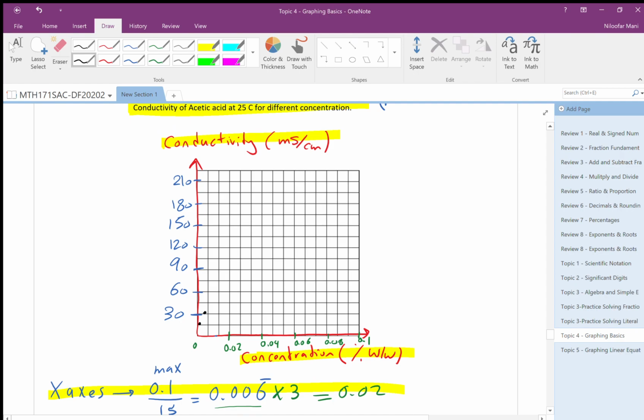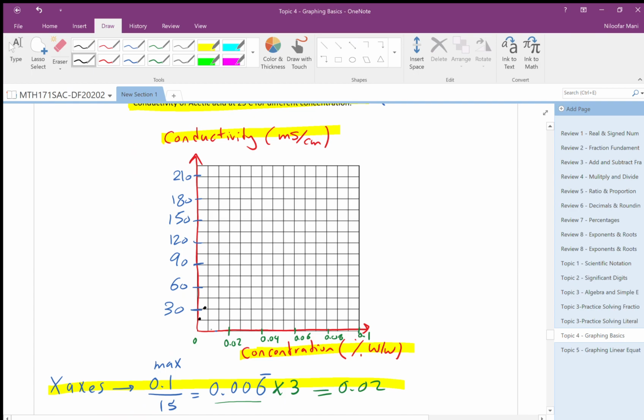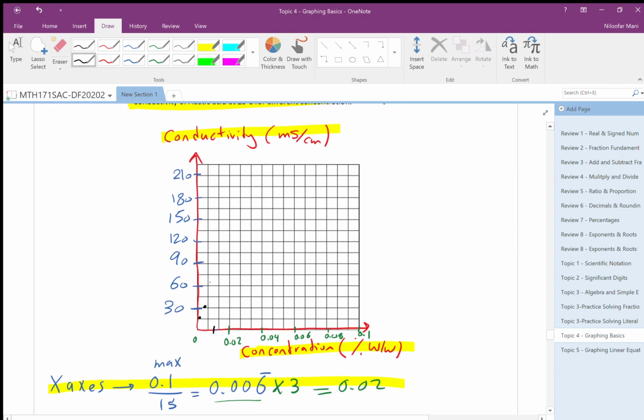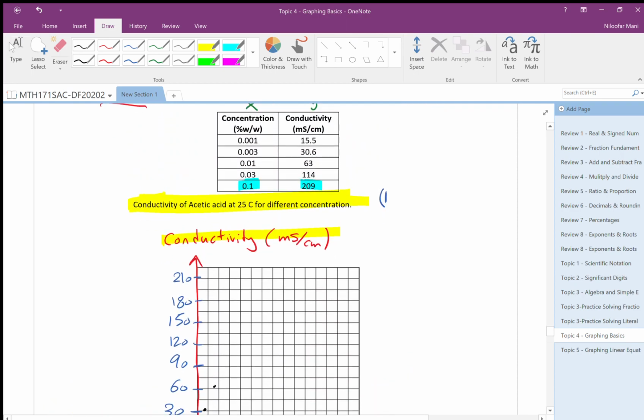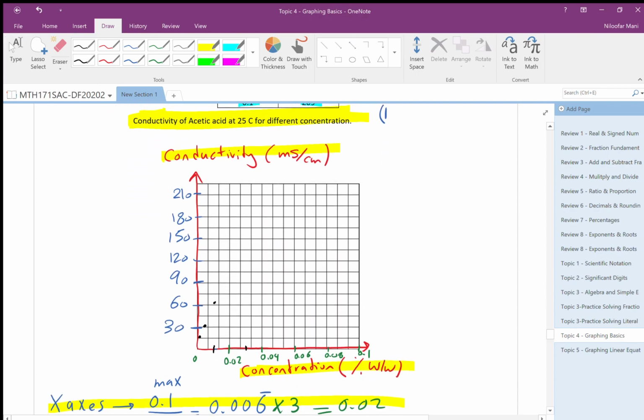Then you go 0.01, which means in the middle. Because I have 0.02, so that's in the middle. 0.01, so that's in the middle, and 63, so I do a little bit here. The next is 0.03, so it's here, and the answer is 114.